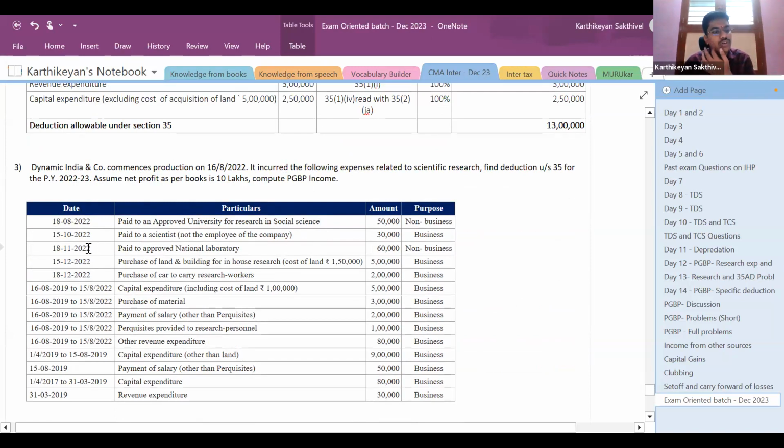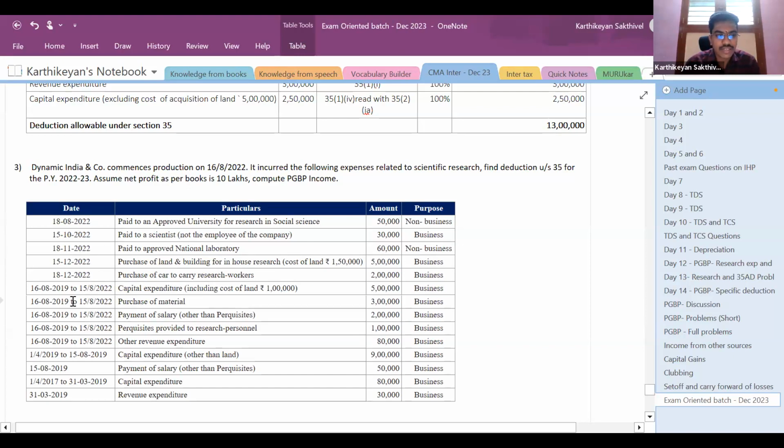On 15/10/2022, paid to a scientist, not an employee of the company, 30,000, business purpose. On 18/11/22, paid to an approved national laboratory, 60,000, not for business purpose. On 15/12, purchase of land and building, cost of land 1.5 lakhs, total 5 lakhs, business purpose. On 18/12/2022, purchase of car to carry research workers, 2 lakhs, business purpose.